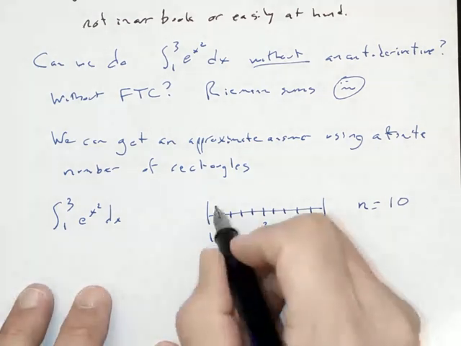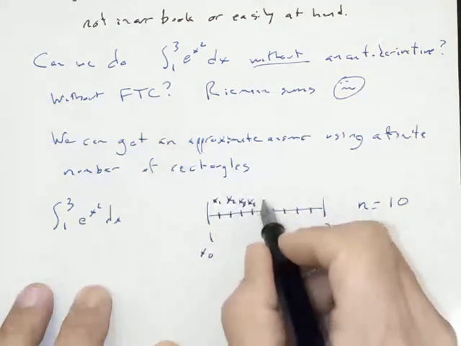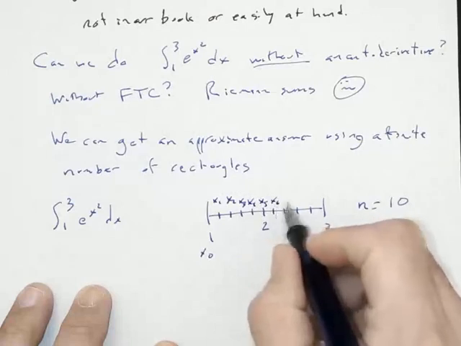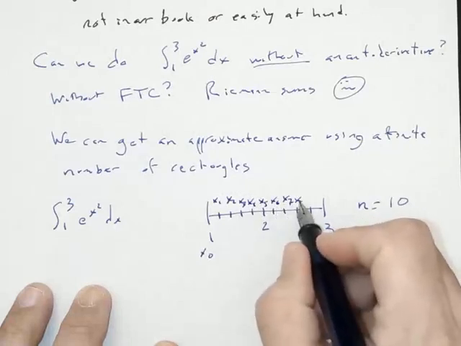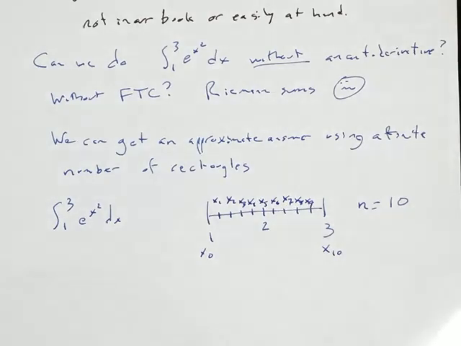So I've got x0, x1, x2, x3, x4, x5, x6, x7, x8, x9, and x10.